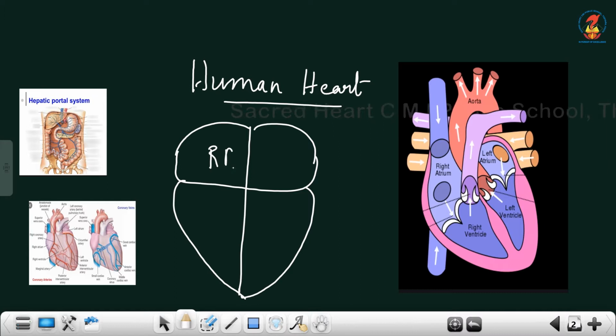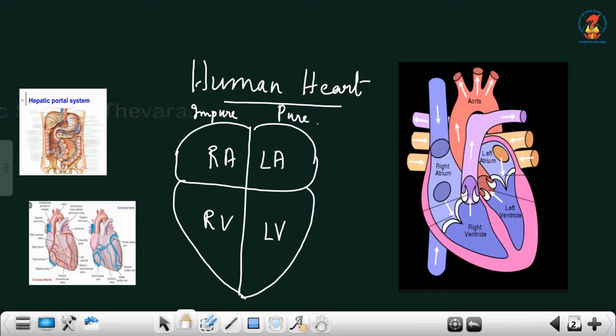So we have the right atrium, left atrium, right ventricle and left ventricle. The right side deals with impure or deoxygenated blood, and the left side deals with pure blood. That you should have in mind.